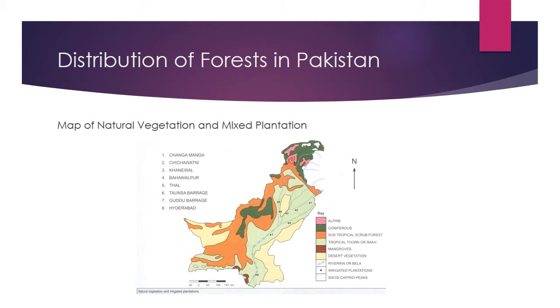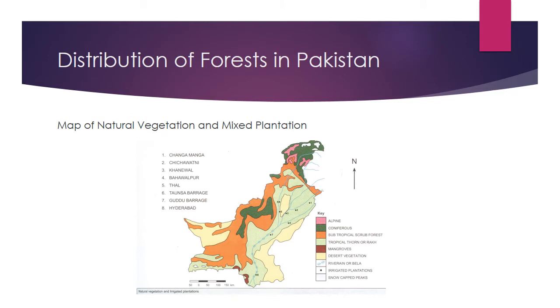Then you can see mangrove forests are located in coastal areas of Pakistan, of Sindh and Balochistan. Next are desert vegetation. The desert areas are being shown with yellow color. After that you can see riverine or bela forest. These are the irrigated forests or protection forests.